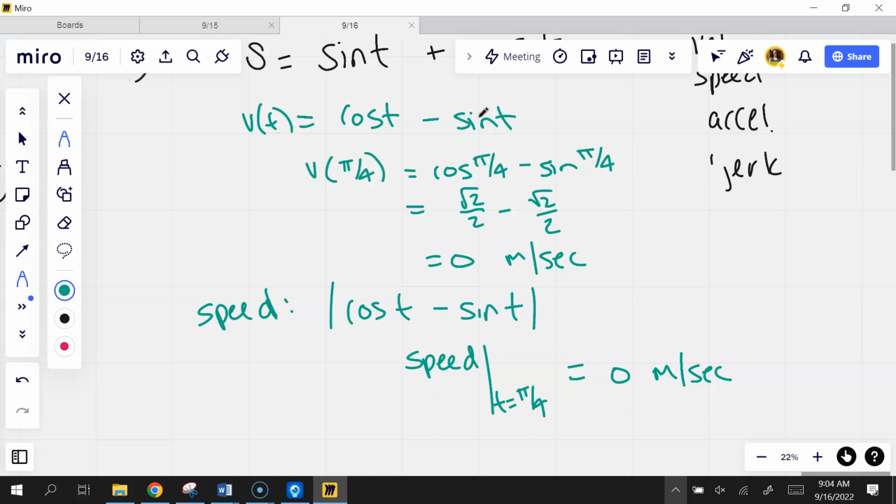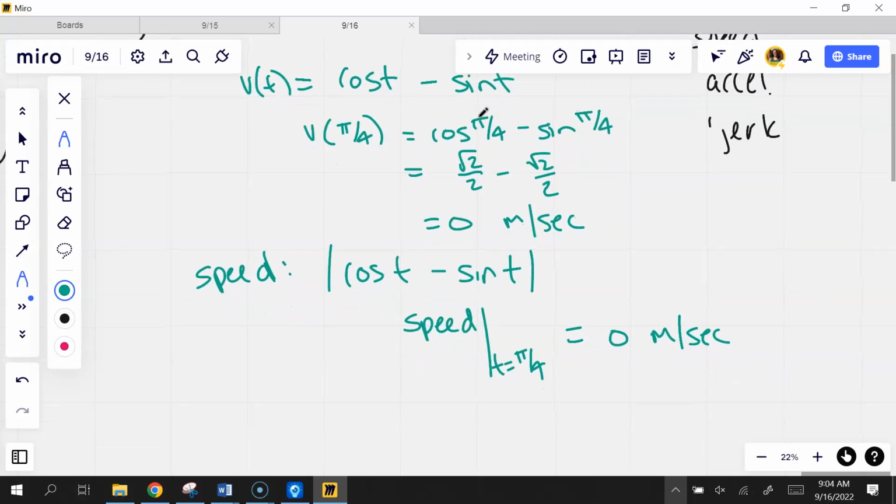On to acceleration. Derivative of cosine, negative sine. Derivative of sine, cosine.